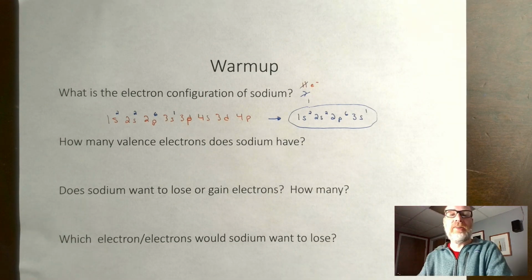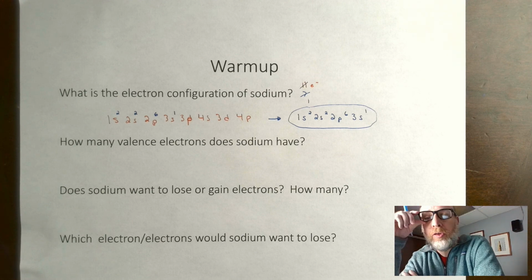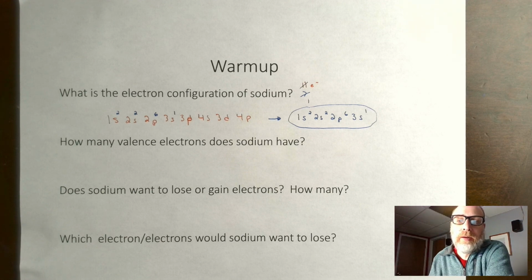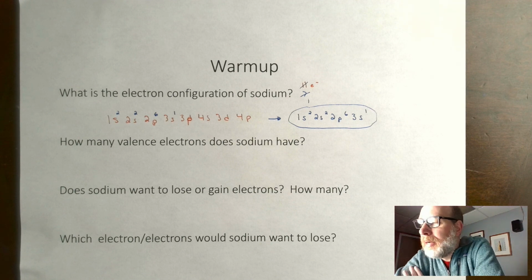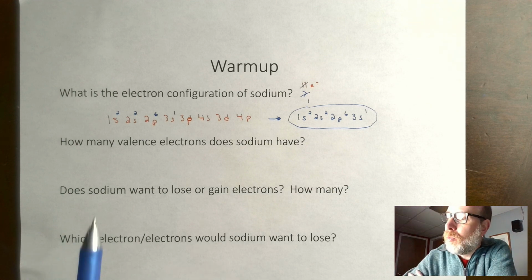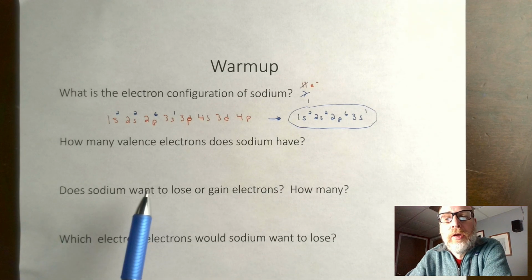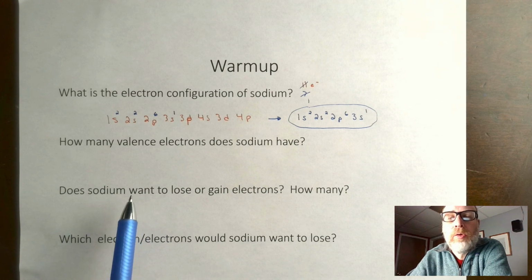All right, next question, and this is one that you don't know the answer to quite yet: how many valence electrons does sodium have? We haven't really talked about that yet, but we're going to peek ahead here. Valence electrons are the electrons in the outermost s and p orbitals.